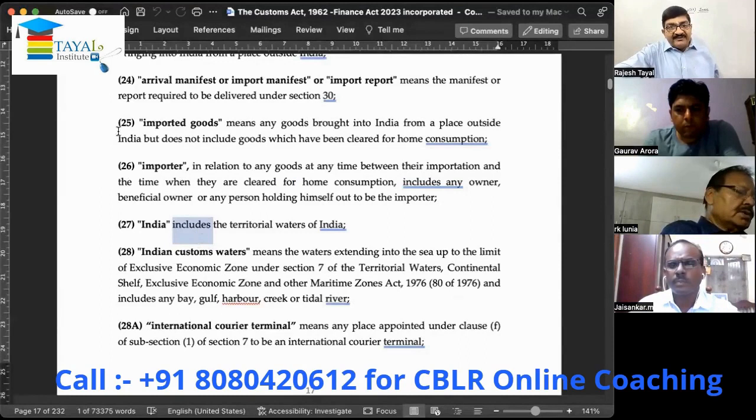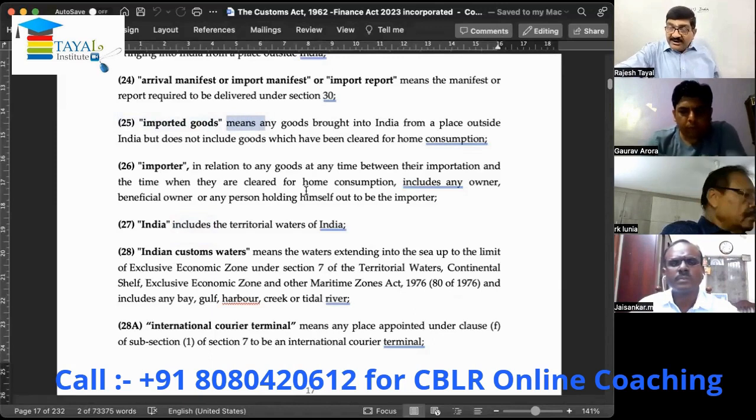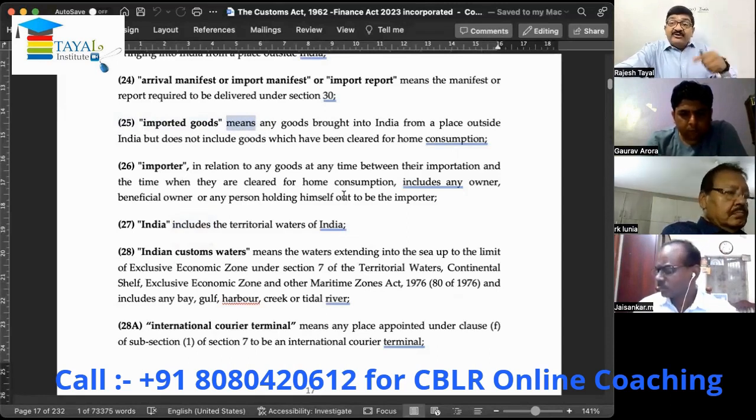Other definitions, see this word, imported goods. What is the meaning of the word? Usually, the definition will have the word means. This is an exhaustive definition. It is not compulsory that the word means should be there.